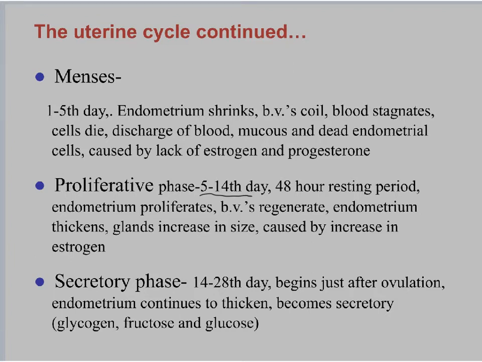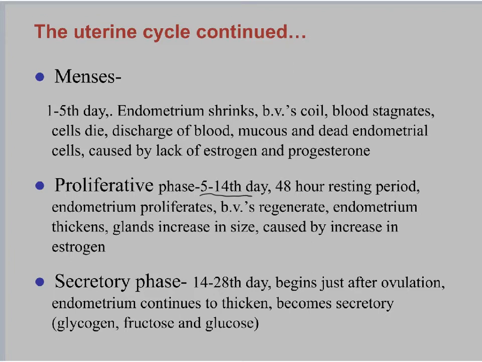And this is what you see as mostly a discharge of blood, but there will also be mucus and endometrial cells. And this is all under the control of estrogen and progesterone. Normally what happens is estrogen takes a dip, progesterone takes a dip, and this is what triggers the shedding of the endometrium.